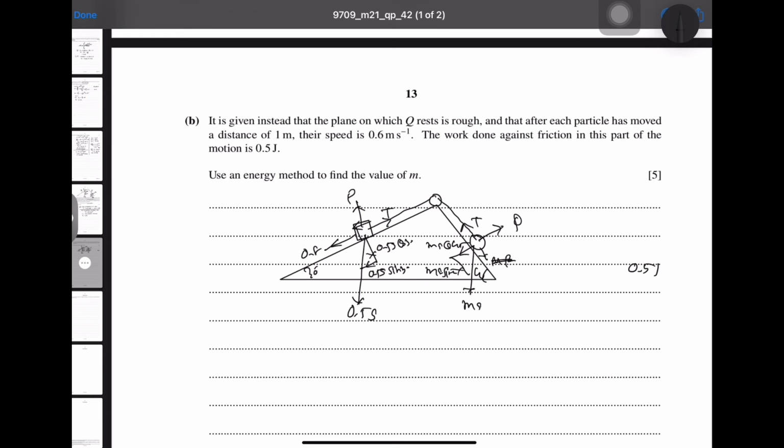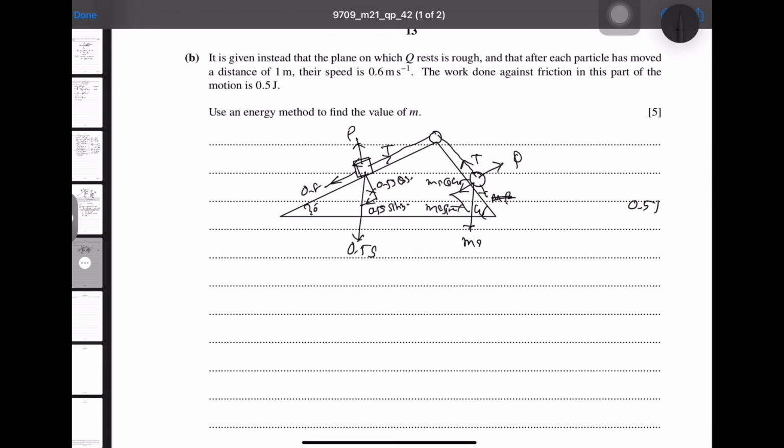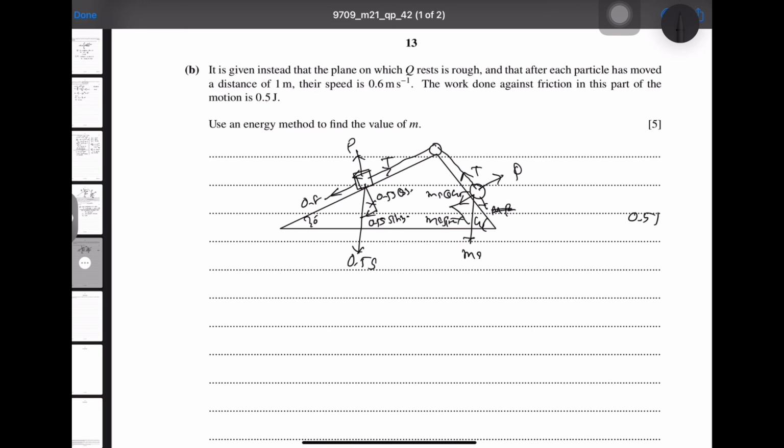Use an energy method to find the value of m. We know that work done equals KE plus PE. So let me use that. Work done by tension is 0.8, I mean the tension cancels out, and then friction 0.5.